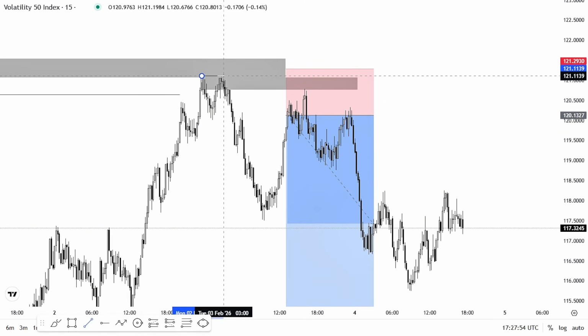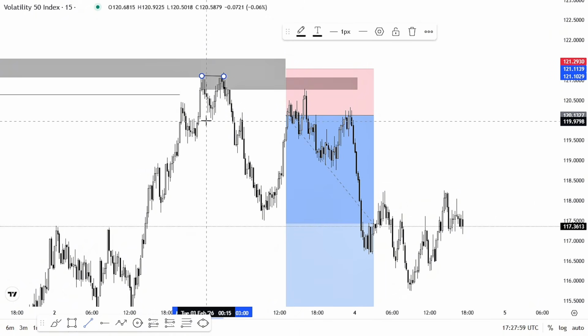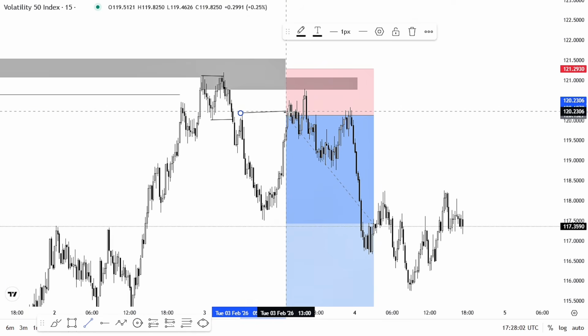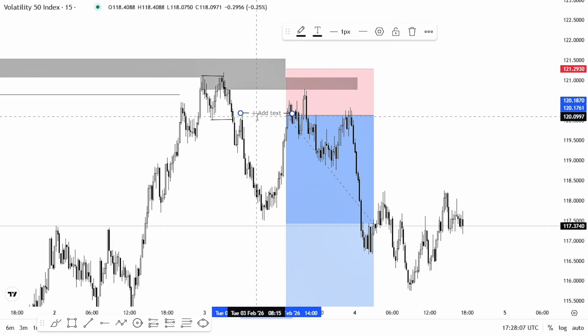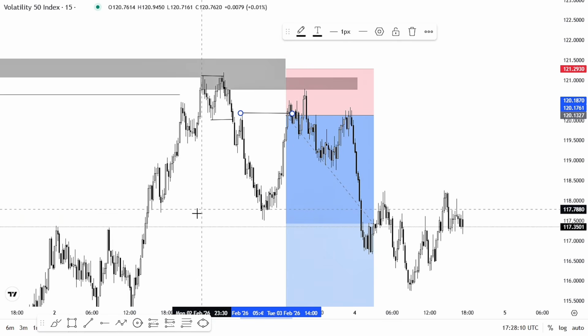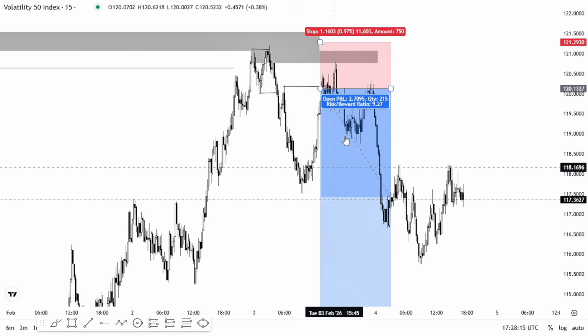We have the market structure shift, and then we have a pullback, which provides our structural liquidity. Based on that, we use that now for our entry.